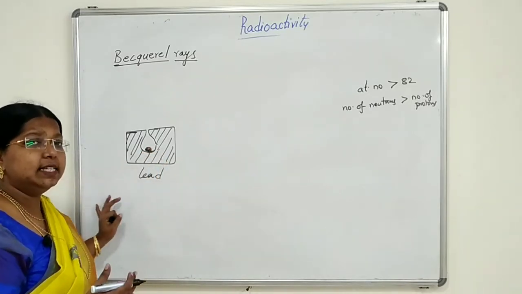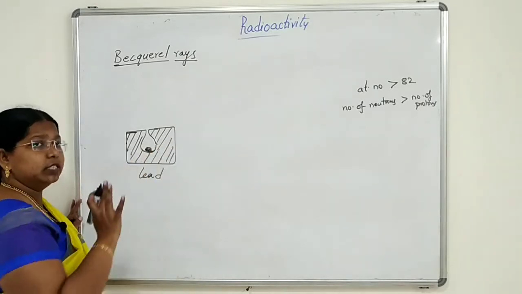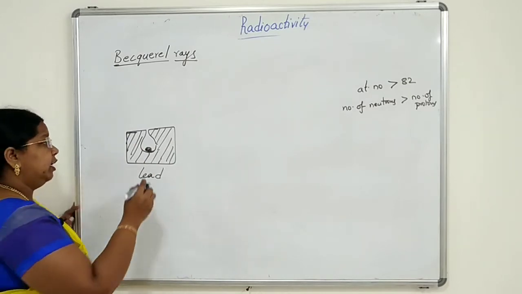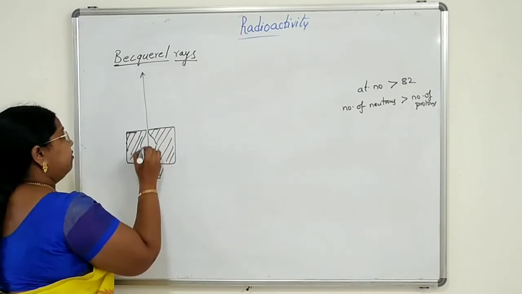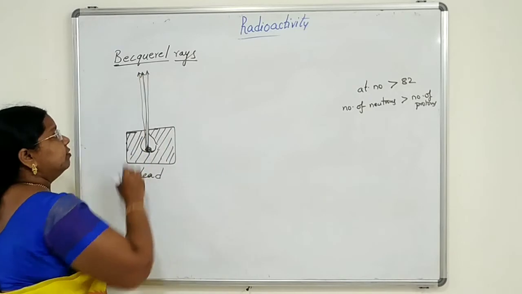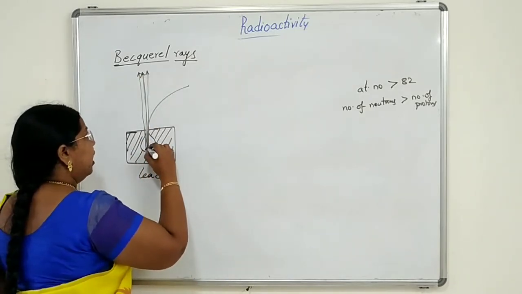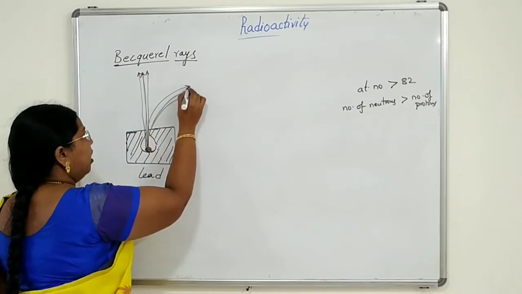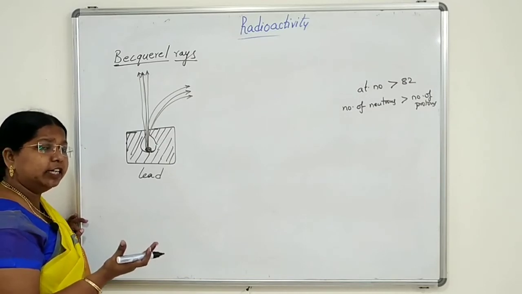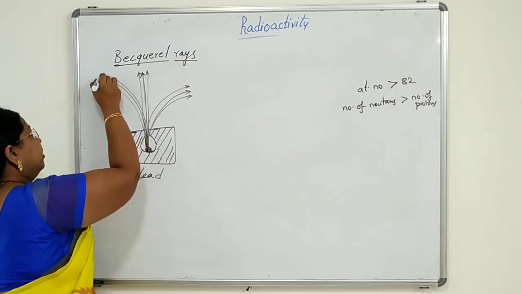A magnetic field is applied perpendicular inward to this plane. These rays are deflected by the magnetic field. Some rays are unaffected, they went straight and didn't deviate, and some rays are bent to one side, and a few deflected the other way.